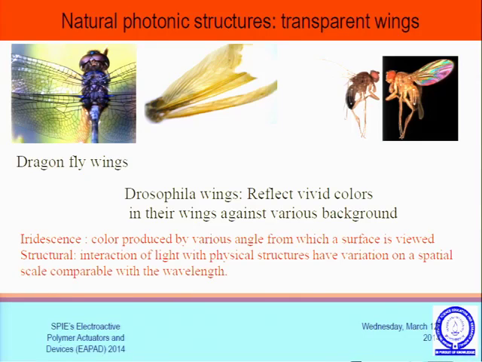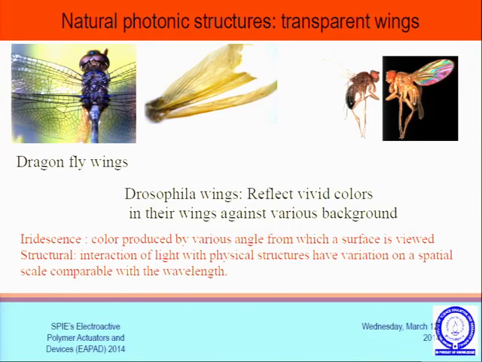I'm interested in neither perfectly transparent wings, nor perfectly disordered wings, nor perfectly ordered wings. This is a fly which is found in India in the rainy season, in July and August.